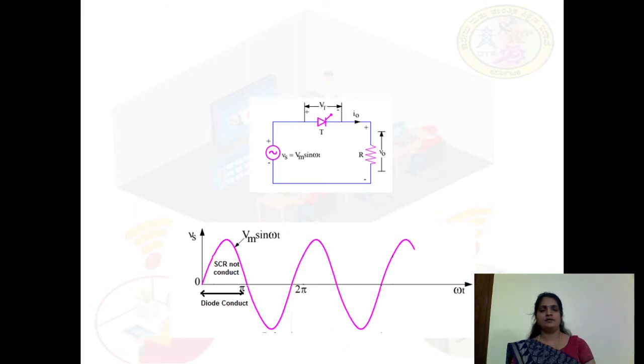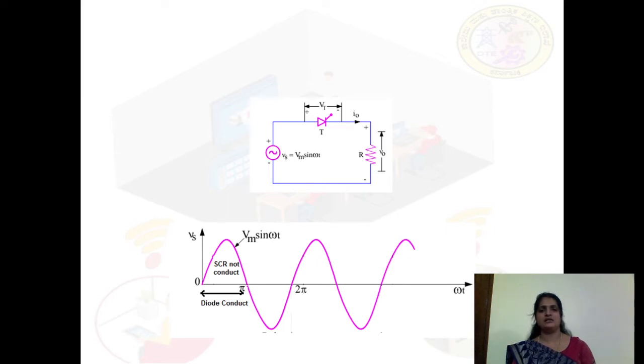Before entering into resistance triggering and resistance capacitance triggering, we will discuss firing. What is the firing angle? The circuit shows we are applying a voltage to the SCR.